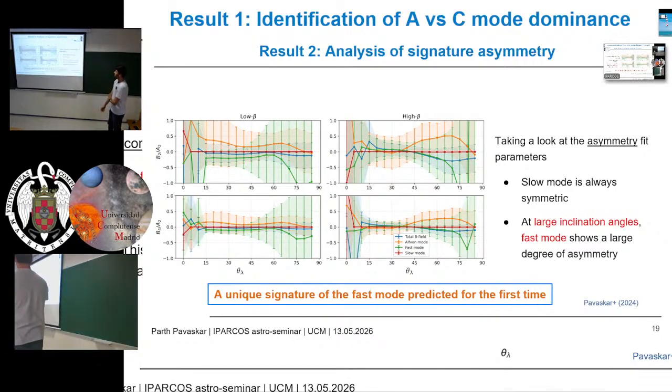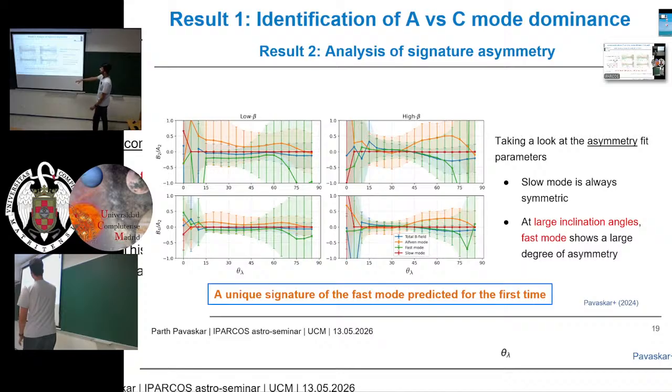And this is actually good news for us, because for once, and probably for the first time, we have something that only the fast mode seems to do in observations. And we have, for once, a recipe that can separate fast mode from not fast mode, or rather, in incompressible turbulence, it means that it can separate fast mode from slow mode, which has never been done before. I'm not claiming that it can be done, but maybe this is the first step towards this, right?